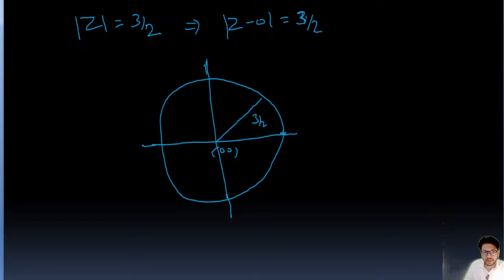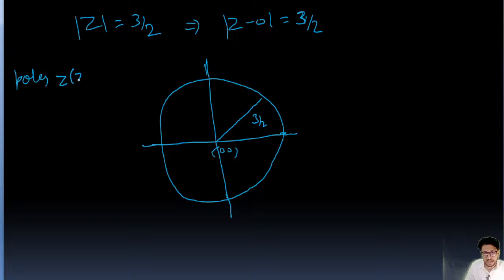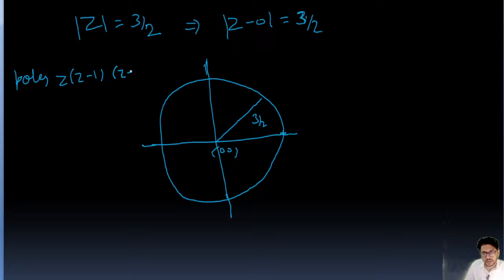Now we have a function, and we'll find the poles. Poles means the denominator is going to be 0. So z into (z minus 1) into (z minus 3) equals 0, which implies z equal to 0, 1 and 3.